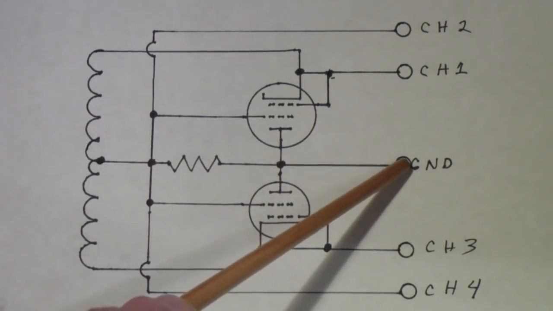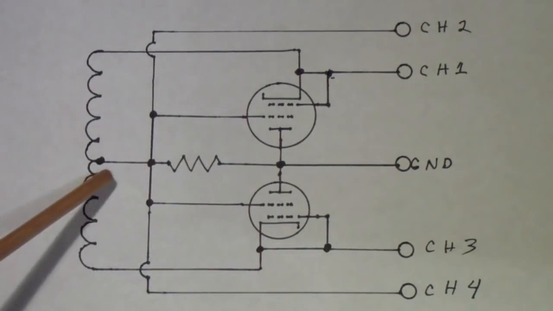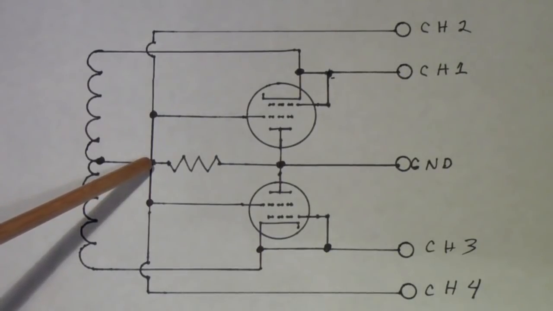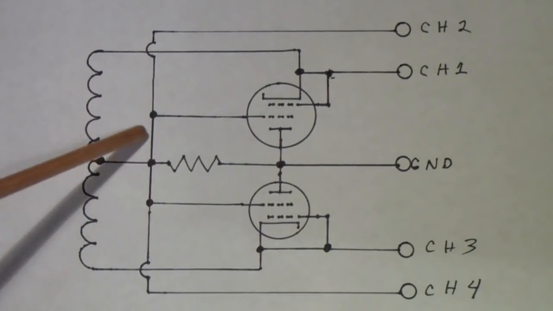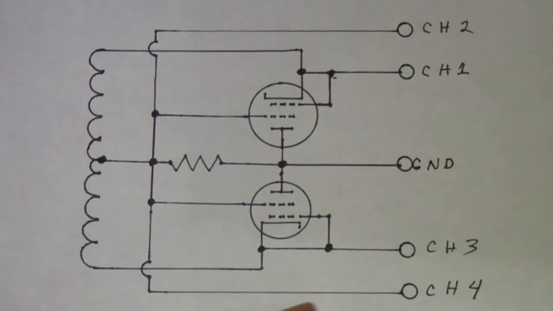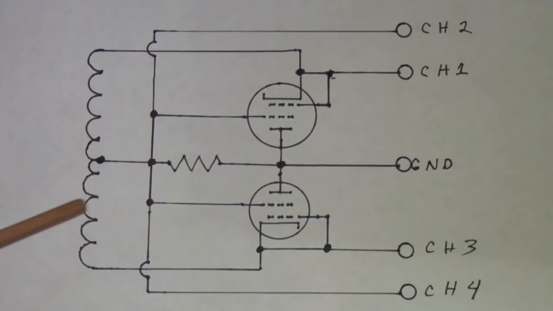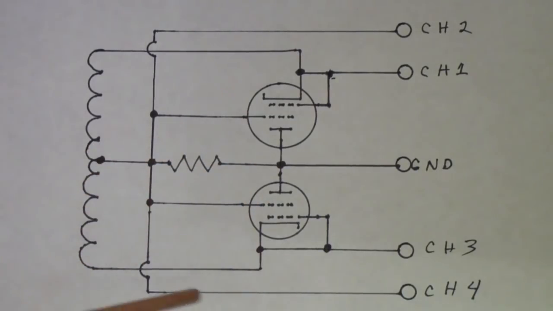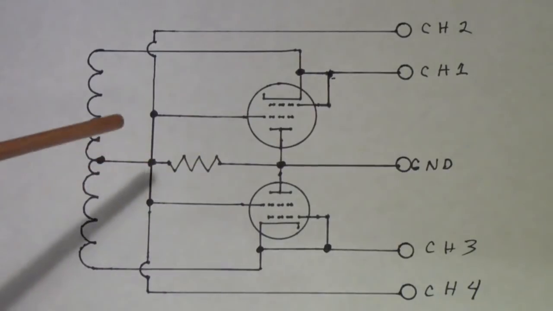So if you hook this to the ground of the oscilloscope and a probe over here to this point, you get a representation of the current. And you see that's coming up here and also going down here to this one. In a minute I'll explain why you can use the same point for both tubes.